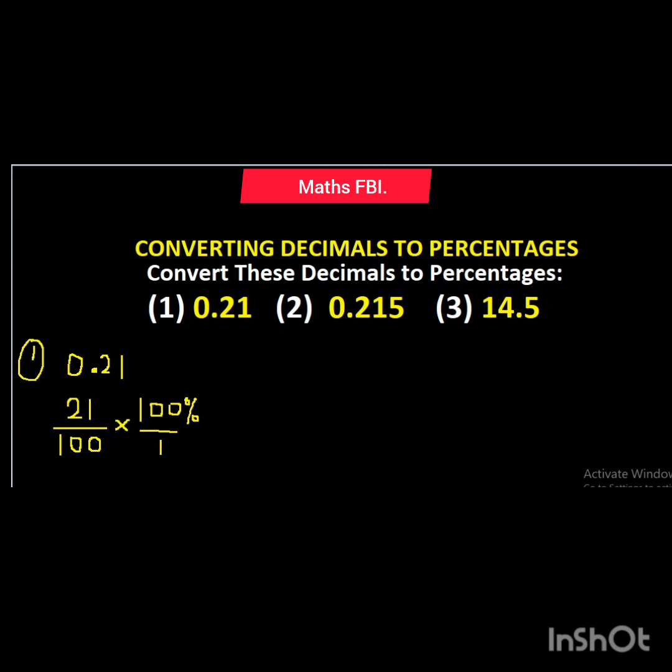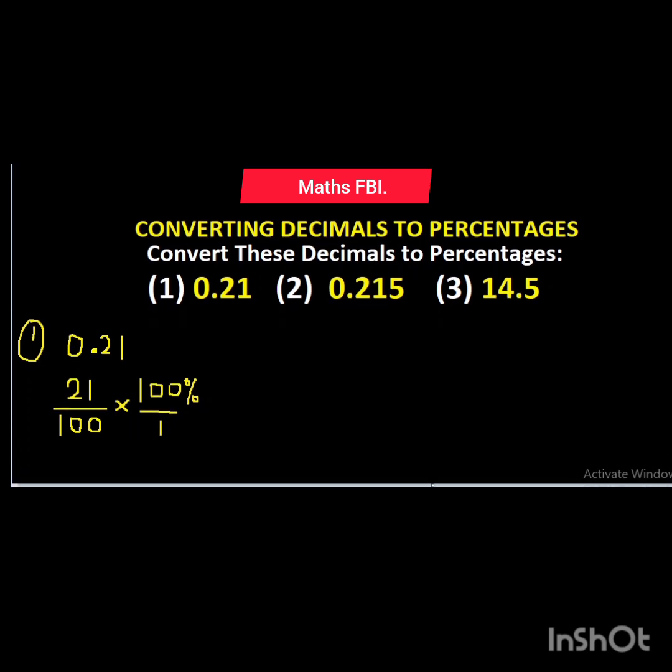What to do right here is to cancel zeros: 2 zeros cancel 2 zeros here. So we are now left with 21 times 1, which equals 21.